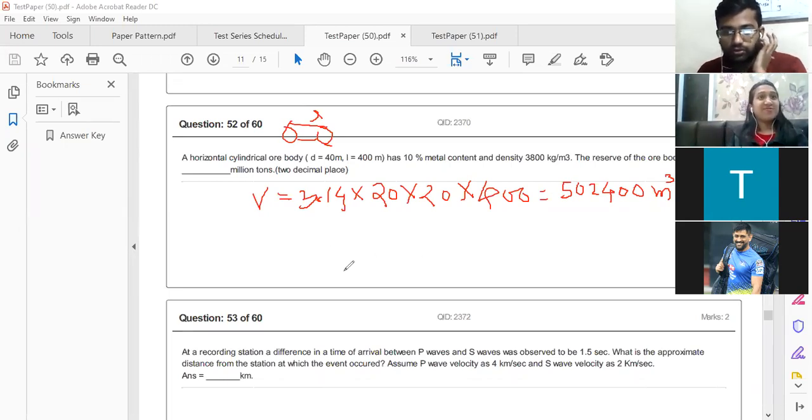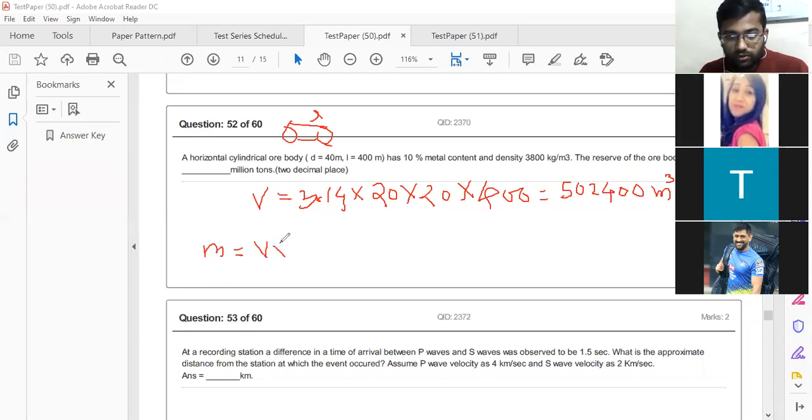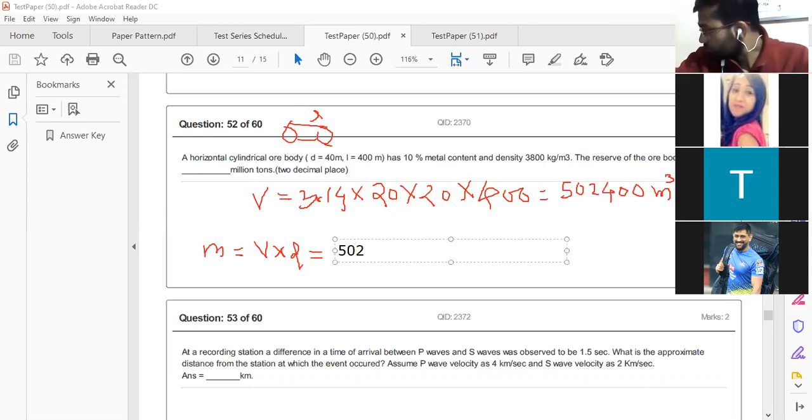Then the reserve of the ore body: now you have volume, so mass is equal to volume into density. You have volume and density, so 502400 meter cube multiplied by density, kg per meter cube. You will get the answer in kg.